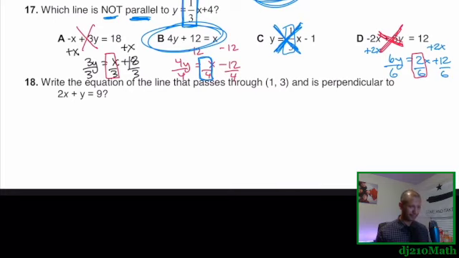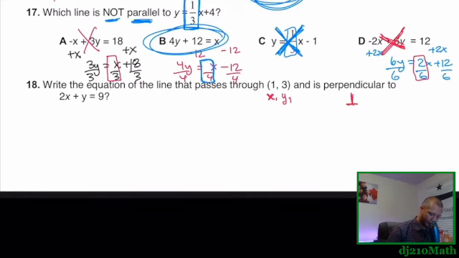Okay, 18. Write the equation of a line that passes through (1, 3), so x1, y1, and is perpendicular, so that means opposite reciprocal, to the line 2x plus y equals 9. To figure out the slope, I'm going to subtract 2x from both sides because I need it in y equals mx plus b form.